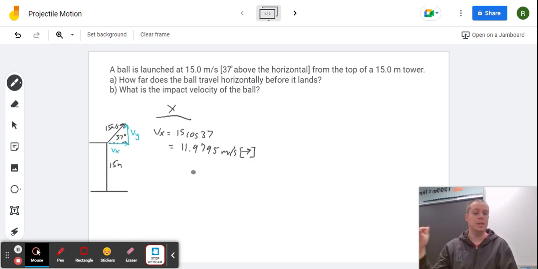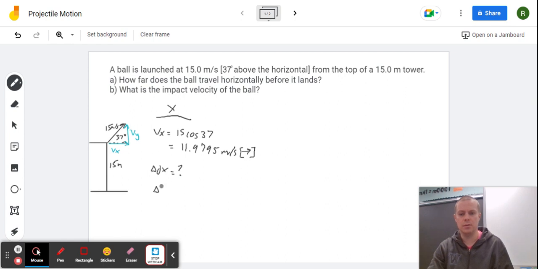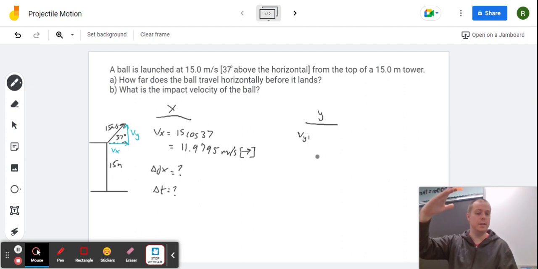In the x direction, because we're not dealing with air resistance, there's nothing to speed it up or slow it down. So we have uniform motion here, meaning we'll be looking for dx, and we'll need time to do it. For the y side, there is acceleration due to gravity, meaning we're going to have a Vy1 and a Vy2.